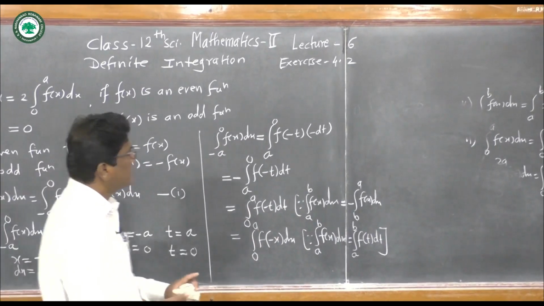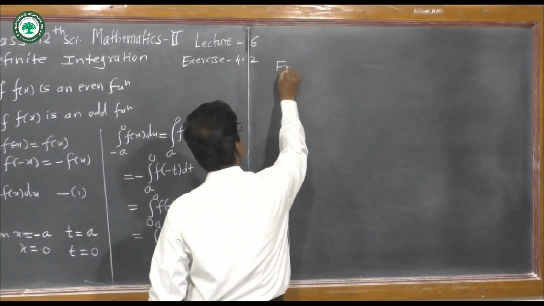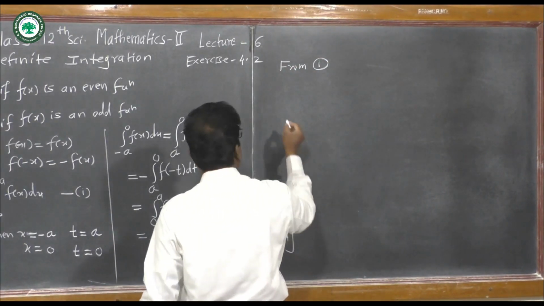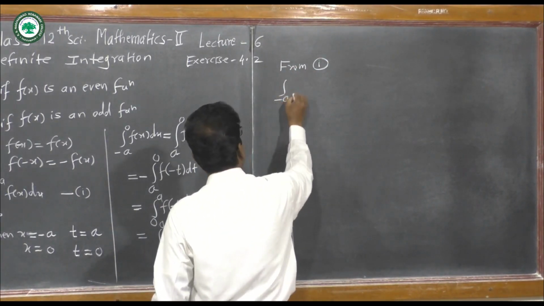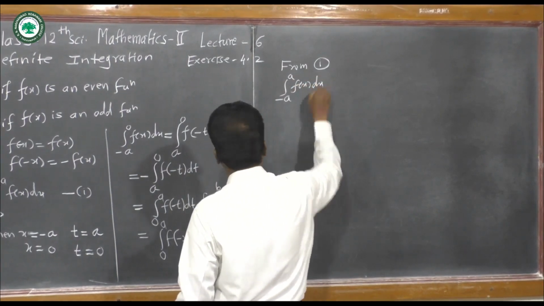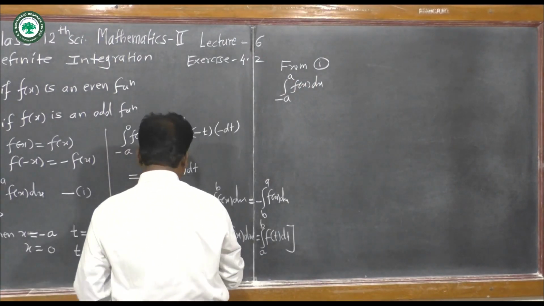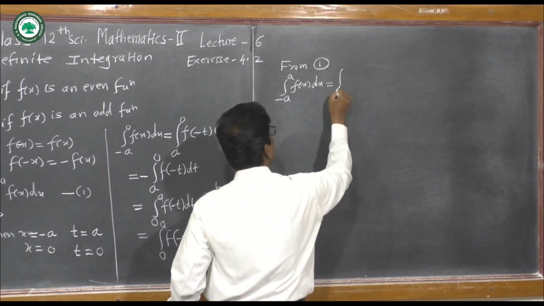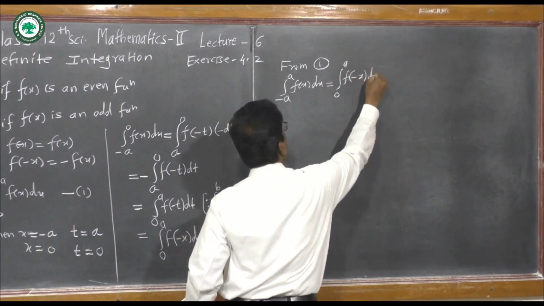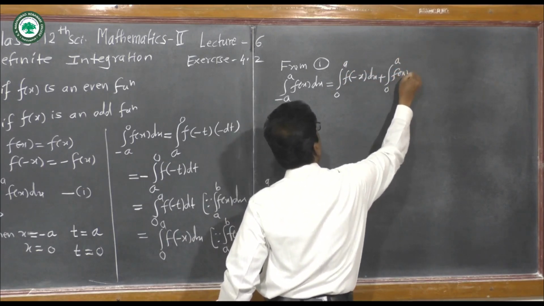And from equation 1 we write integration from minus a to a f of x dx, and here minus a to 0 f of x dx we replace by 0 to a f of minus x dx plus 0 to a f of x dx.